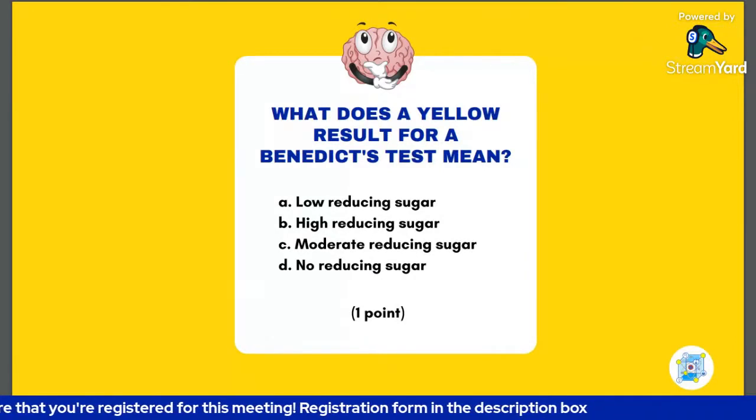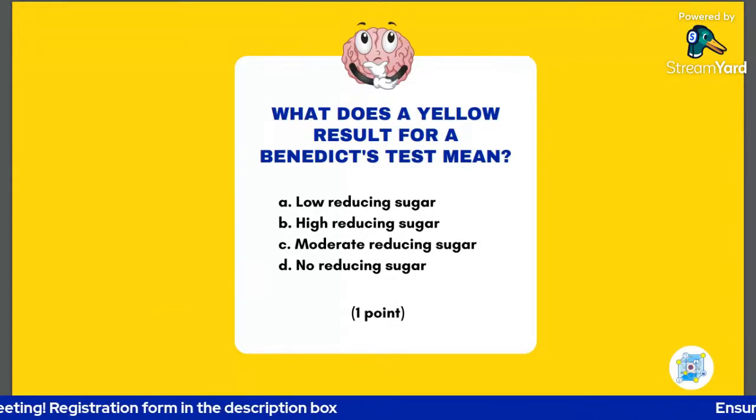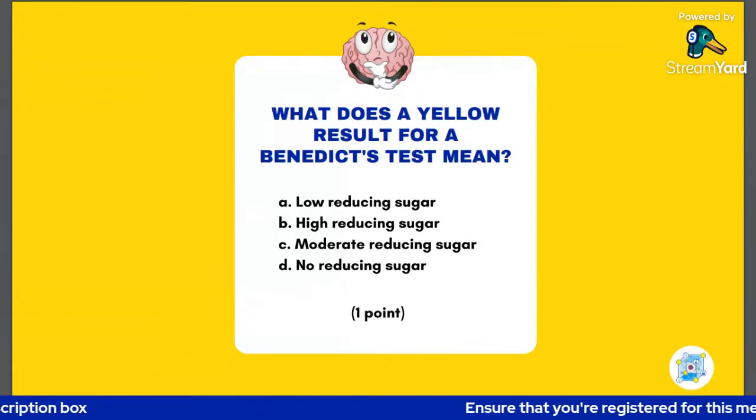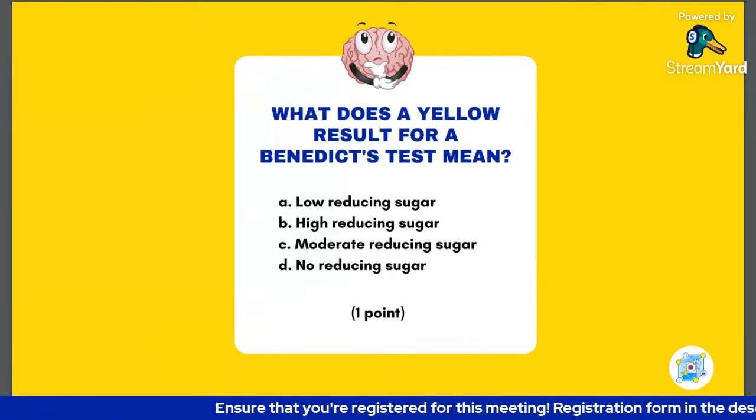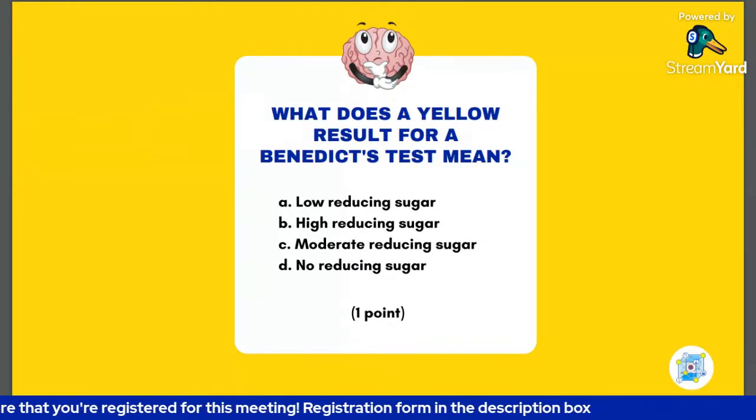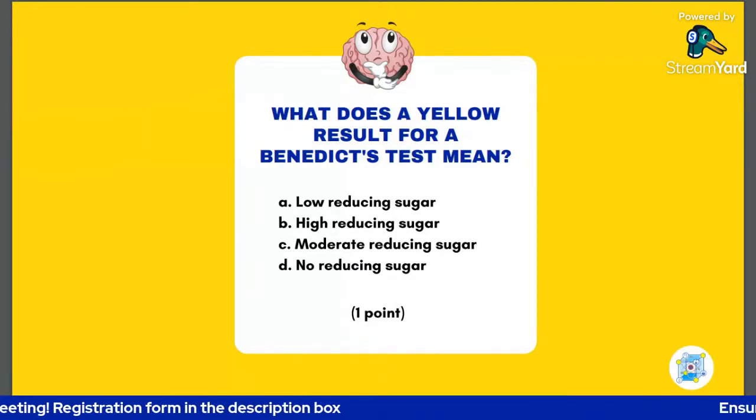Miguel, why are you asking me the answer? You can't ask me the answer. You have to tell me what your answer is. A yellow result for Benedict test, does it mean low, high, moderate, or no reducing sugar?